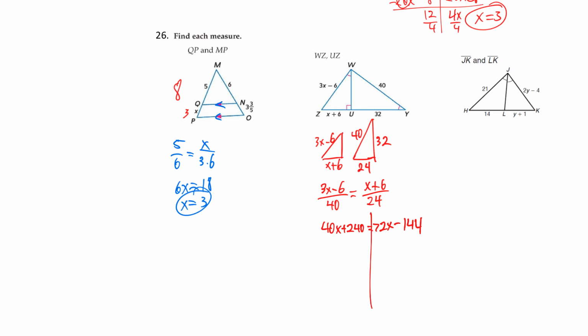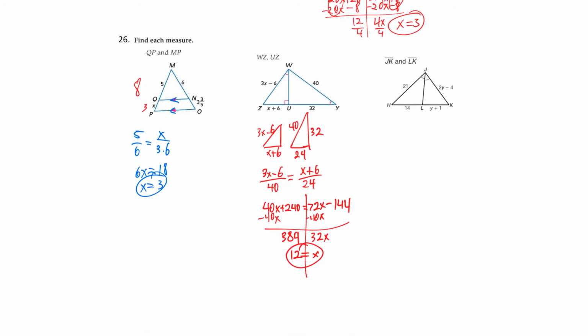All right, so we subtract 40x. So that's 32x, and then equals 384 divided by 32, and that's actually 12.